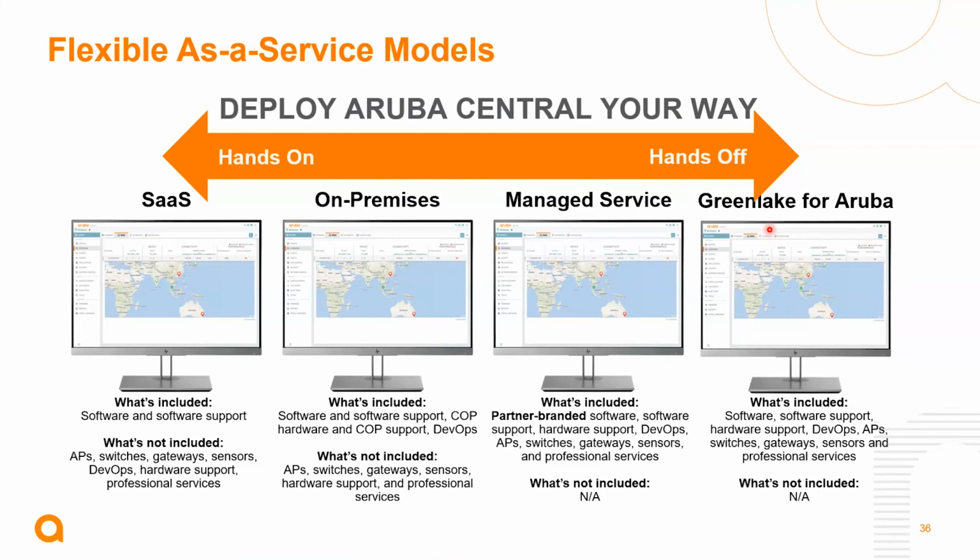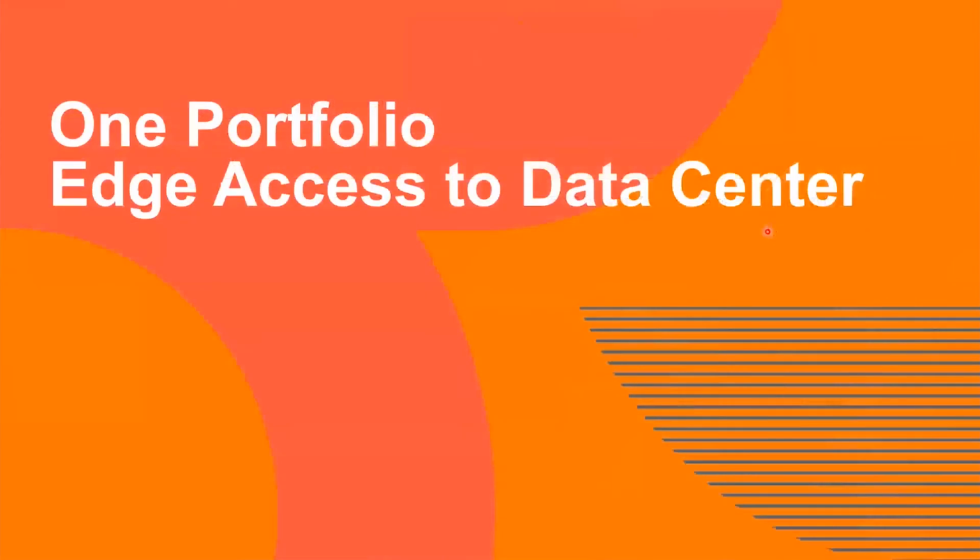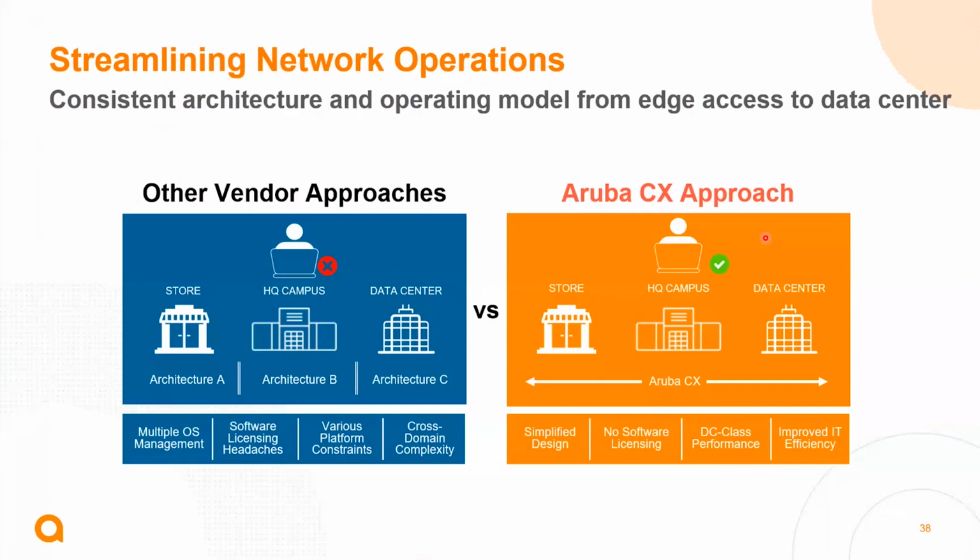We'll go next to our portfolio. Before, you would have a different switch for every architecture, so you would have multiple OSes to manage and software licensing headaches. Now with our approach, we streamline it.